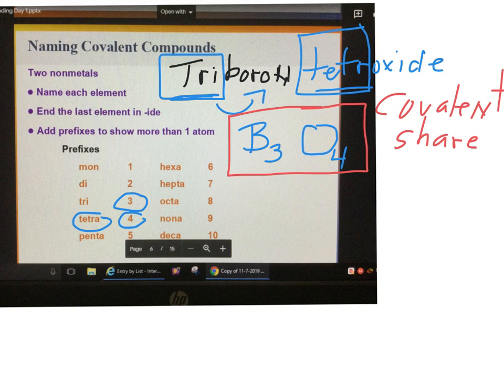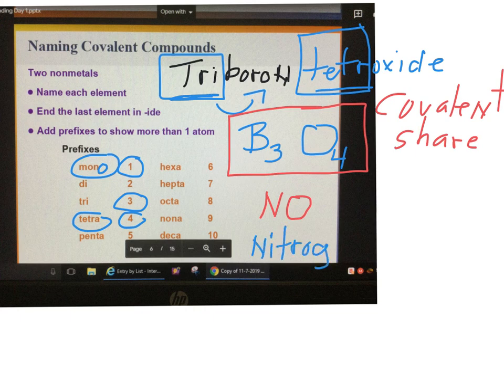Okay, let's do a different one, in the opposite direction. If I give you something like nitrogen and oxygen, you don't have a number down here, so when you have only one, that's mono. For the first element, you don't have to write the mono, you can just write nitrogen.